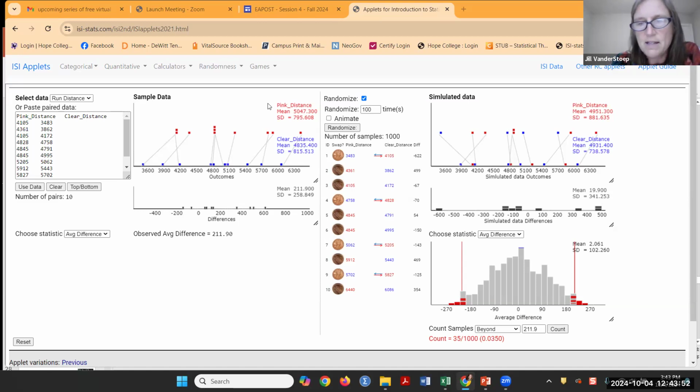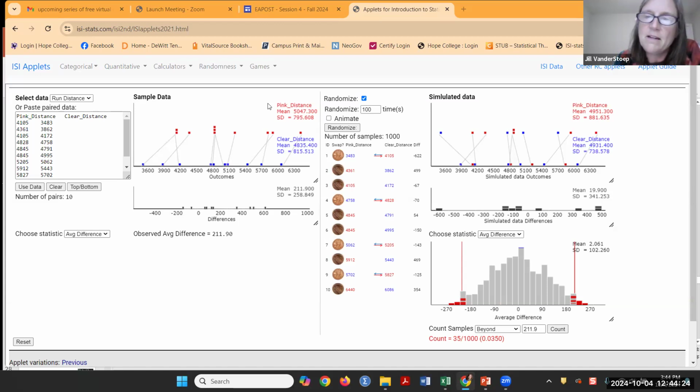Before we draw conclusions, I also like to have my students calculate a few other things to help them with their conclusions. I like to know that they can calculate a standardized statistic. And I remind them that a standardized statistic is going to tell them how many standard deviations away from the mean of the null their observed statistic from their study is. So how many standard deviations is 211 away from the center of that null distribution? There's a formula that they have to calculate that, and you all can punch that into your calculator.